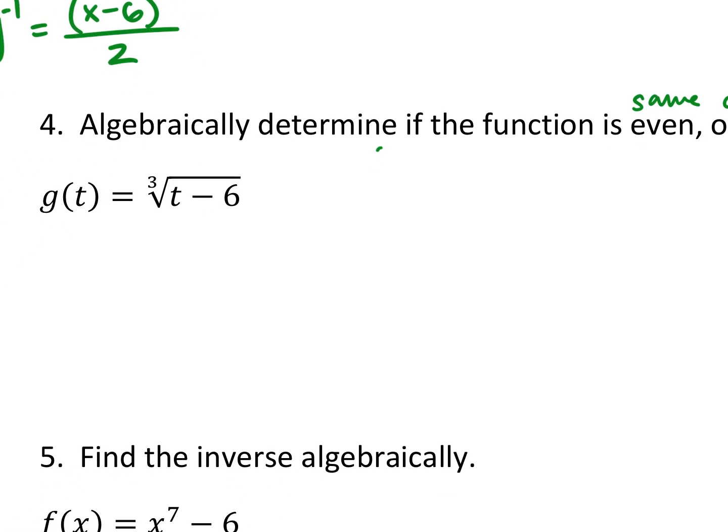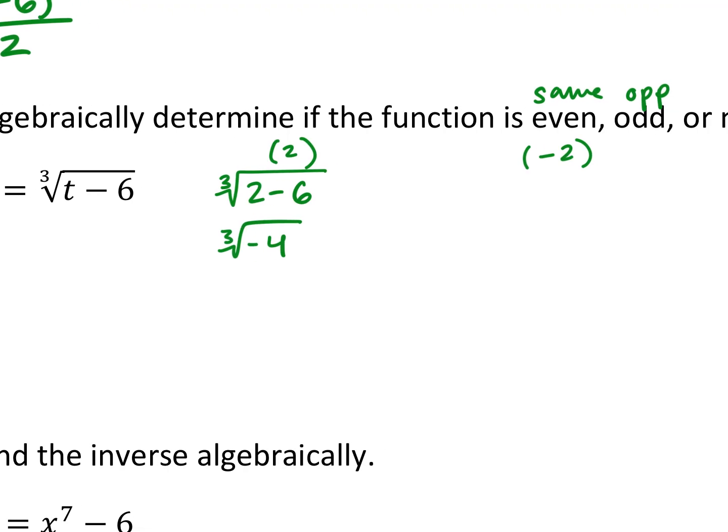So let's plug in 2 and negative 2. We plug in 2. We have the cubed root of 2 minus 6, so that'd be the cubed root of negative 4. We plug in negative 2. We have the cubed root of negative 2 minus 6, so the cubed root of negative 8.